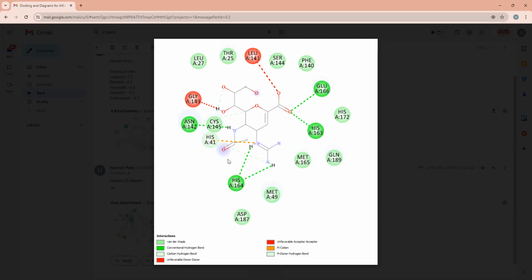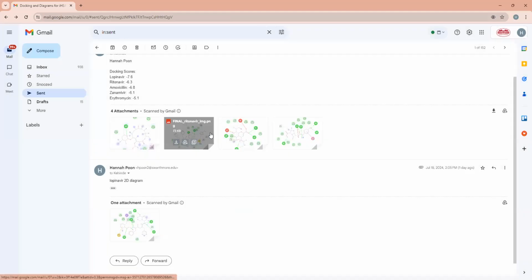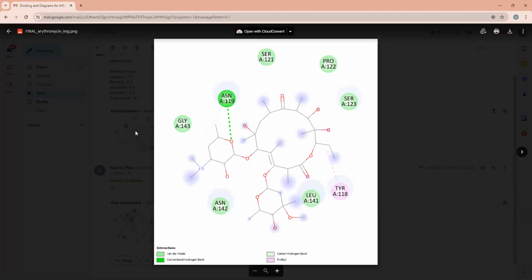So let's go to the last one, erythromycin. Now, if you look at erythromycin, it has very few interactions: 1, 2, 3, 4, 5, 6, 7, 8, right? Does it interact with histidine 41 and cysteine 145?